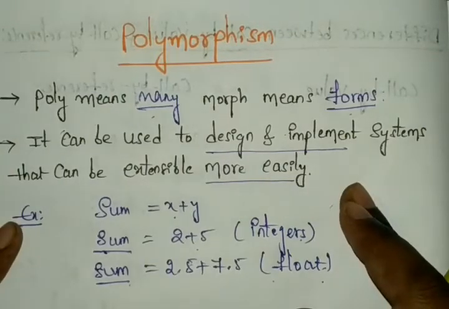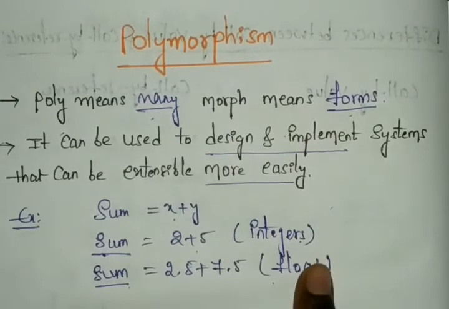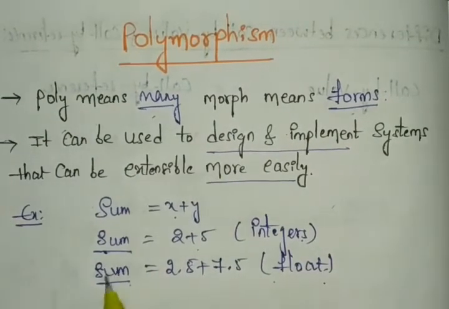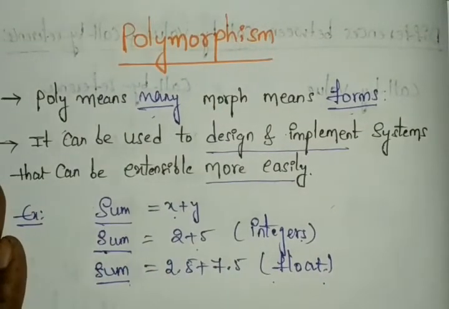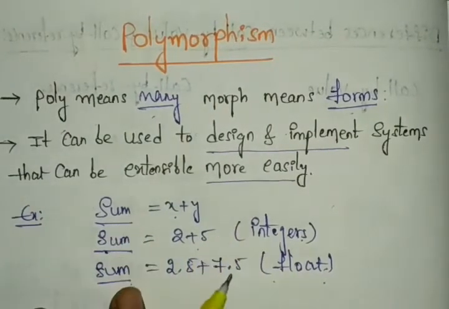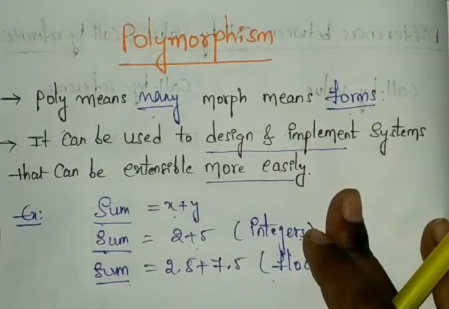Like that, polymorphism can work with many types of forms. Not only one thing, it can work by using one operator, one operation. Sum is the one operation, and by using sum we are working with several forms in one program.